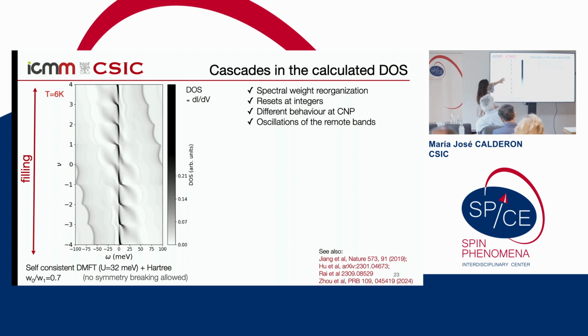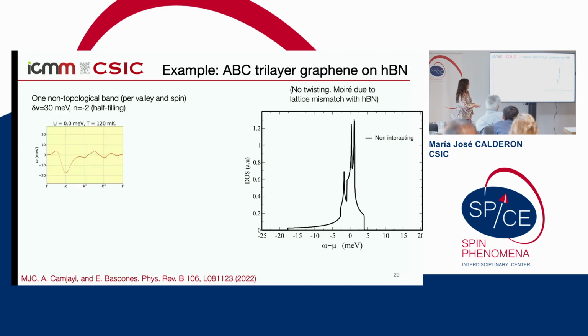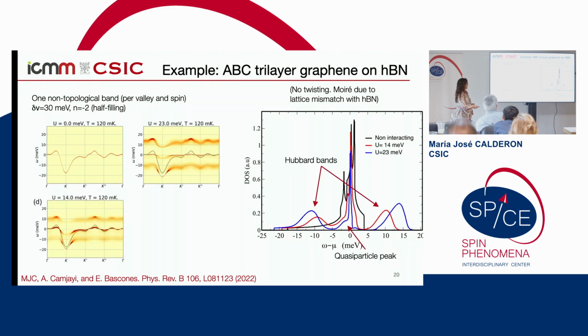We have a different behavior at the charge neutrality point. You look here, there is this kind of anti-crossing. So we have everything that was observed in the experiments. And this is the same temperature at which these experimental measurements were done. So, okay, this is a combination of these two. Sorry, yeah, I'm going back.